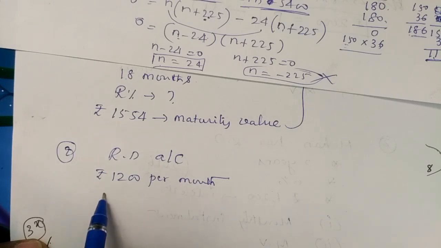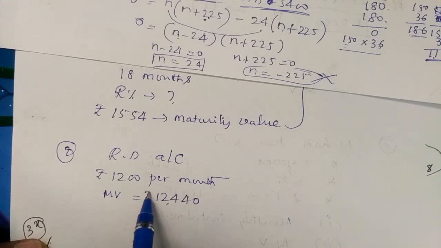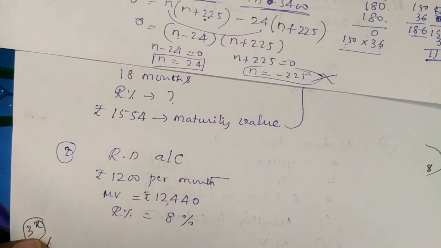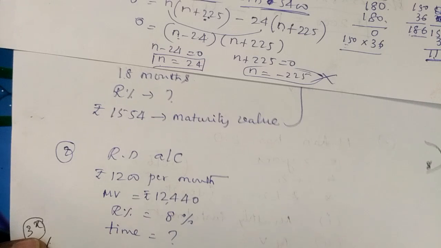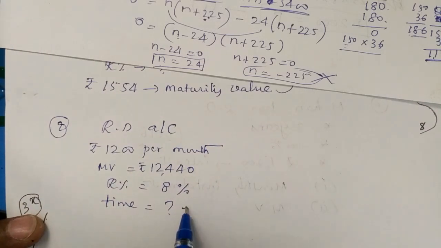As a maturity value of 12,440. 12,440 is the maturity value. If the rate of interest is 8%. Find the time of this account. So find the time of this account means find the n value in months.